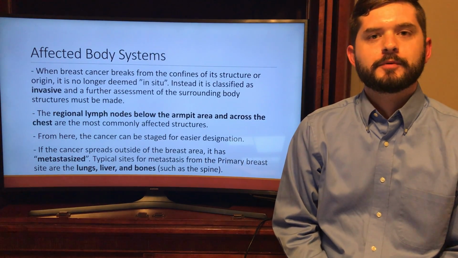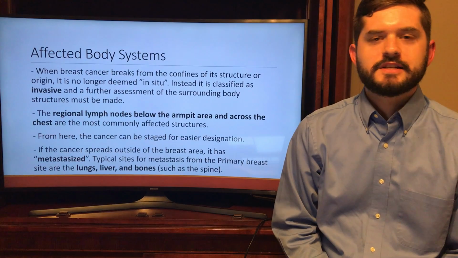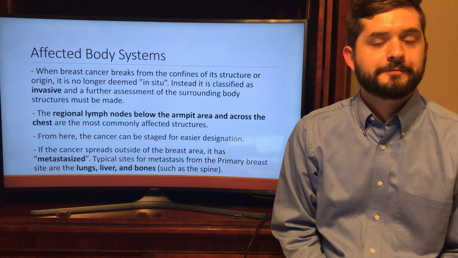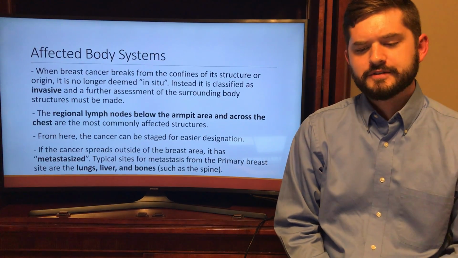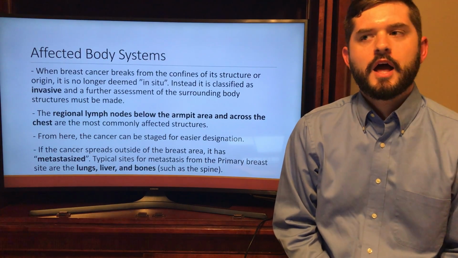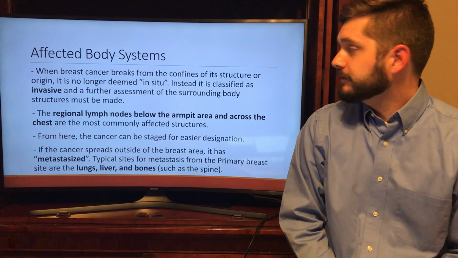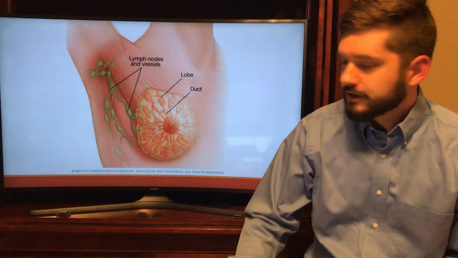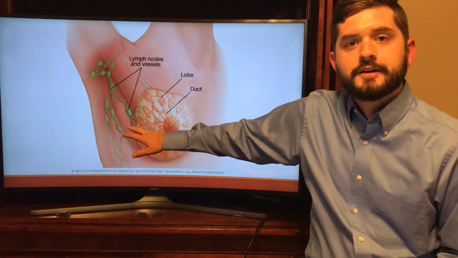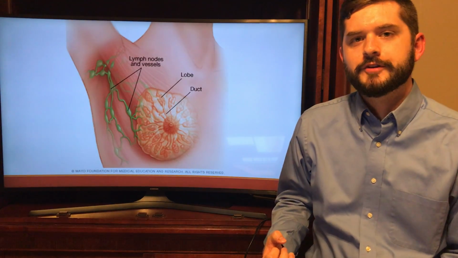And when this happens, we need to assess the cancer more. We need to look at the breast and do some scans, such as a CT, maybe a PET scan, and that'll give us just kind of a better idea of how widespread the cancer is. If there's lymph node involvement, as you can see, below the armpit is the largest concentration of lymph nodes.